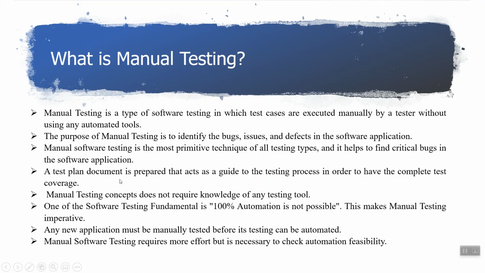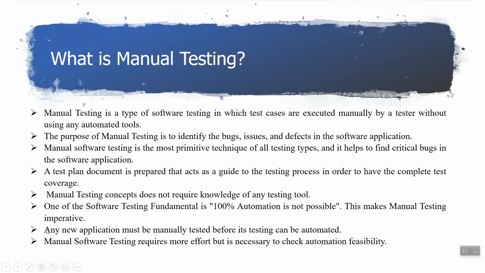Here a test plan document is prepared that acts as a guide to the testing process in order to have complete test coverage. The manual testing concept does not require knowledge of any testing tool because we are doing all the testing manually. One of the software testing fundamentals is that 100% automation is not possible.